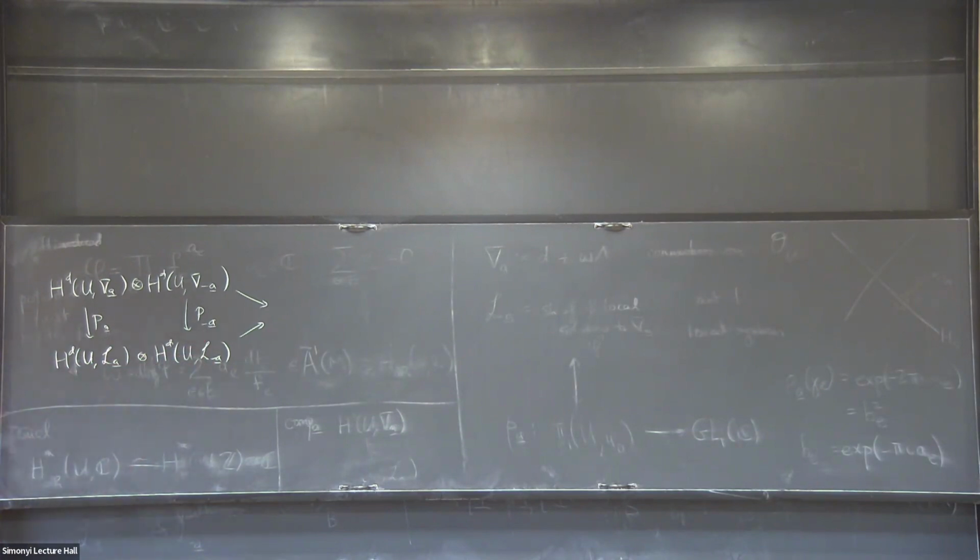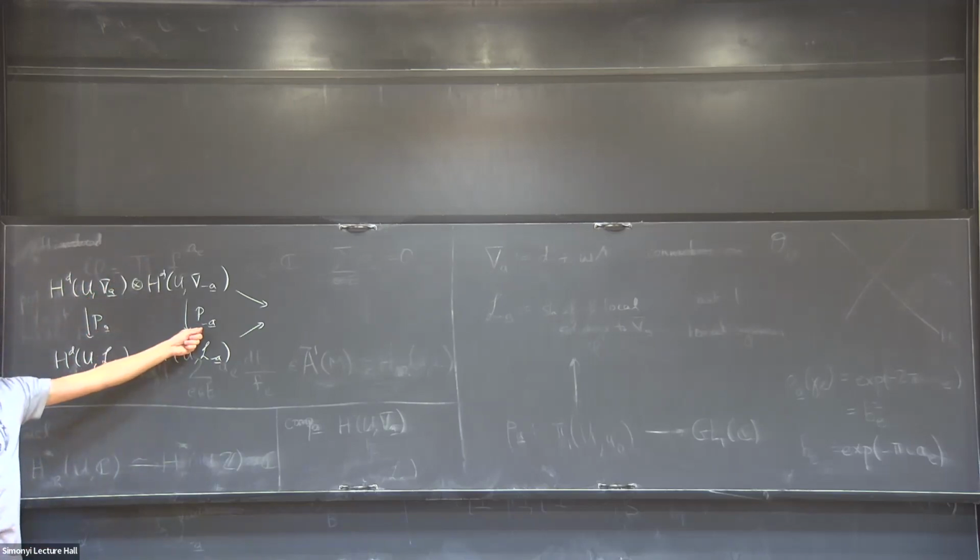If you give me a hyperplane arrangement, after this package of data, there's a matrix up here, and these matrices are really hard because they contain inside them beta functions, hypergeometric functions, and so on.